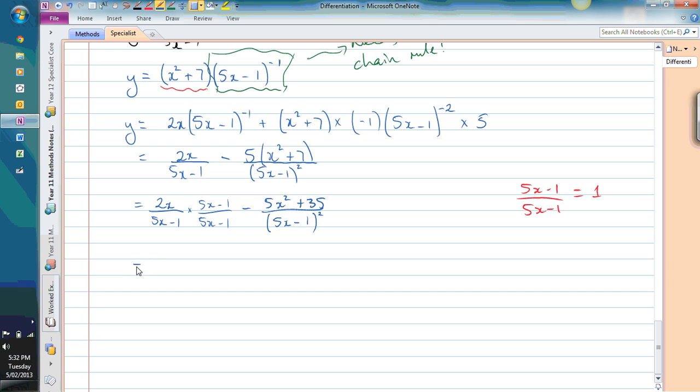Looking here, I'm going to multiply the numerator and the denominator, so I'm going to get a 2x outside of 5x minus 1 on 5x minus 1 all squared. Take away 5x squared plus 35, 5x minus 1 all squared, common denominator, so I can just put them all over that denominator.